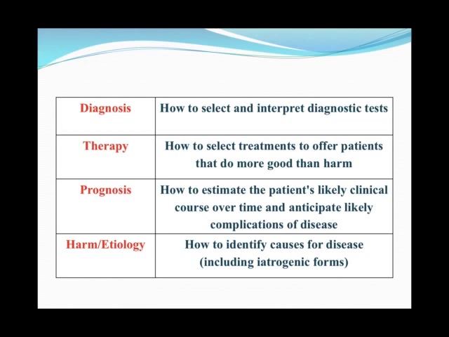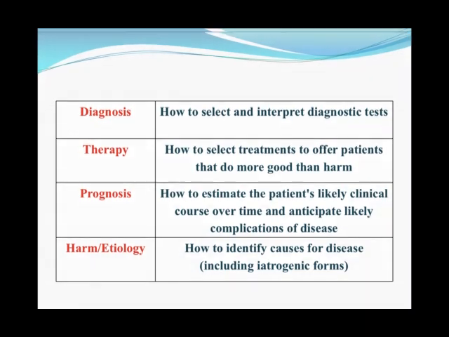Will they live 5 years? And then harm or etiology. Harm would be like, what's the likelihood of a patient dying from a colonoscopy or from a surgery, or what's the likelihood of a certain side effect of a patient's medication.